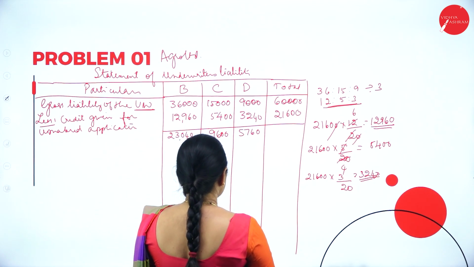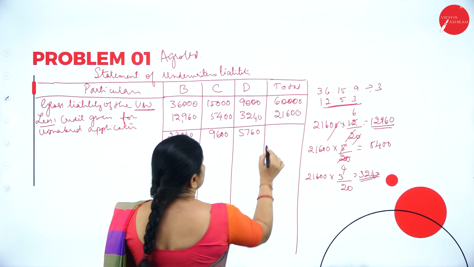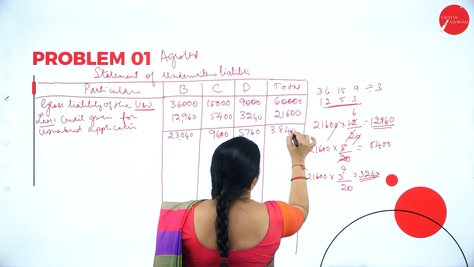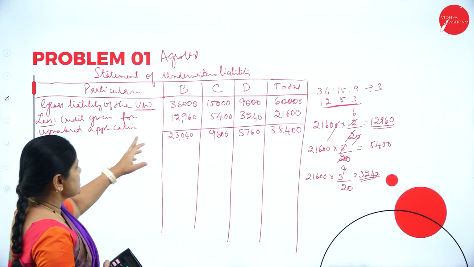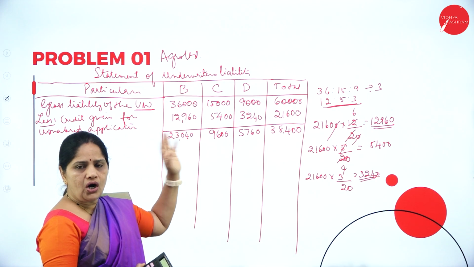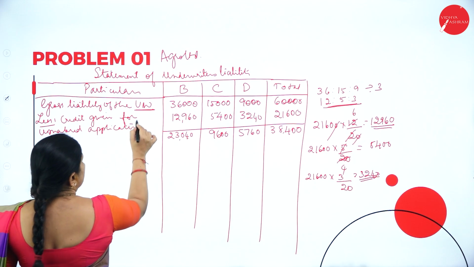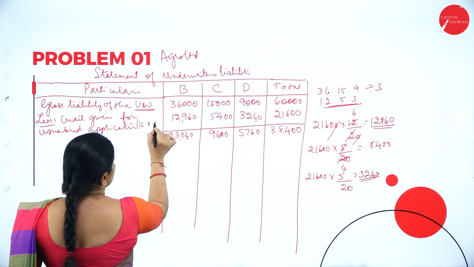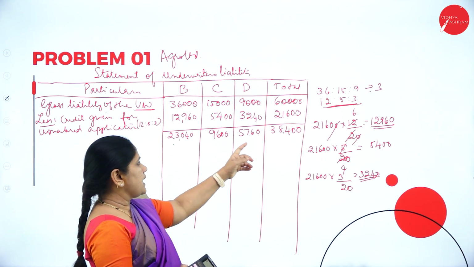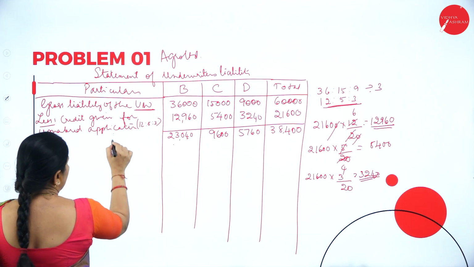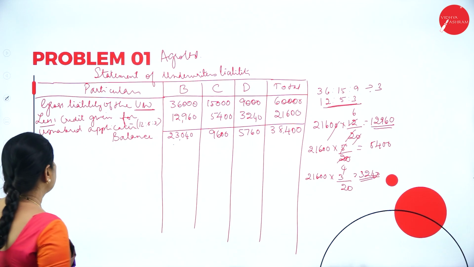Then 60,000 minus 21,600 is 38,400. Whatever the unmarked applications are, I am giving the credit to all the underwriters in the ratio 12 is to 5 is to 3. This is the balance remaining after deducting the unmarked applications.